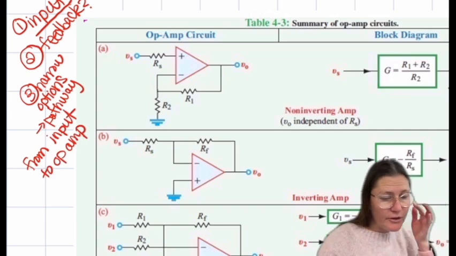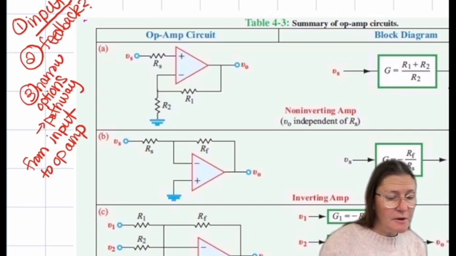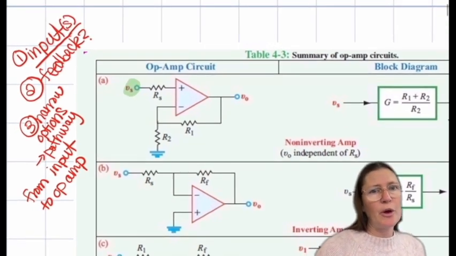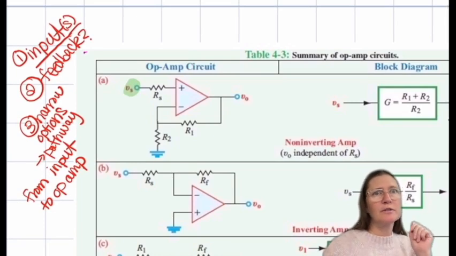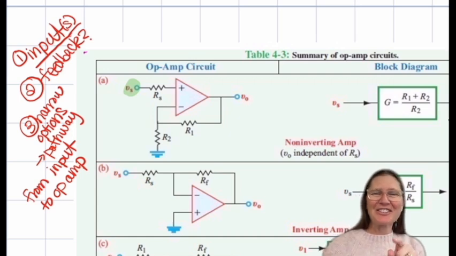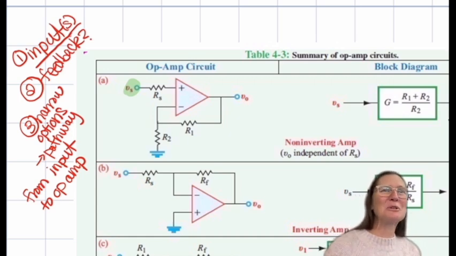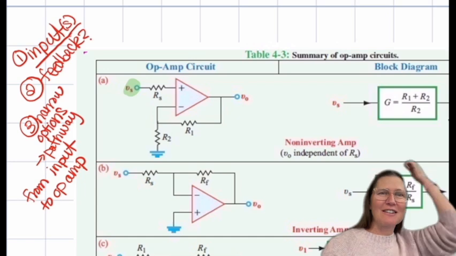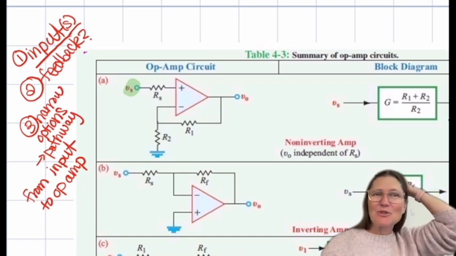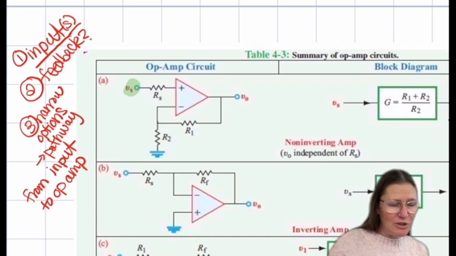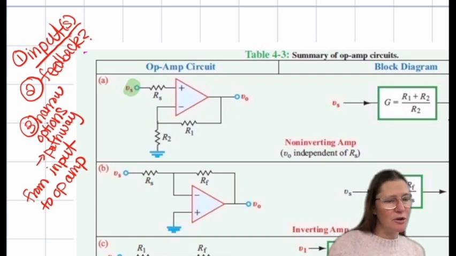Okay, so for this one, for example, my input is here. If you can't see it, please do let me know because I don't always catch that. Looking at the input, I see where the input is. Then I need to see, is there feedback or no feedback?